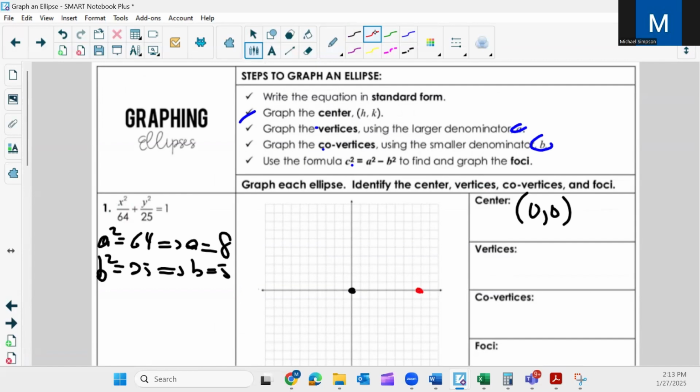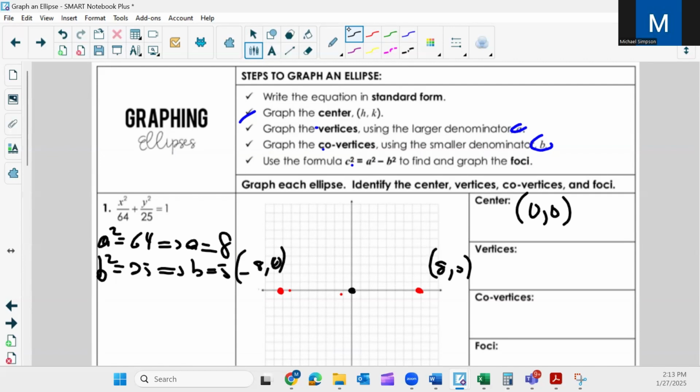And on the other side, I go 1, 2, 3, 4, 5, 6, 7, 8. Good. So what is the coordinate of those 2 points? 8, 0, and so therefore my vertices, this is going to be 8, 0, and this one is negative 8, 0. Everybody see that?